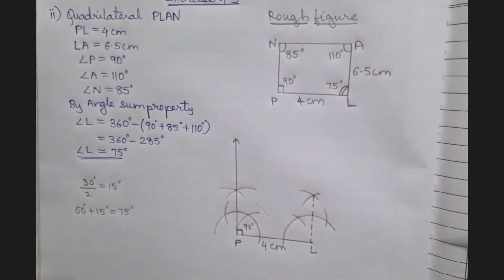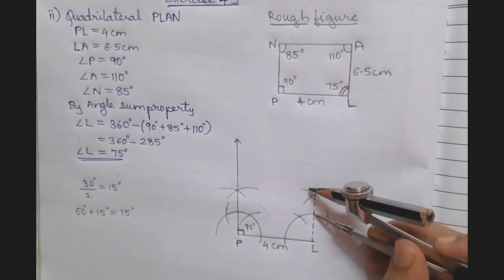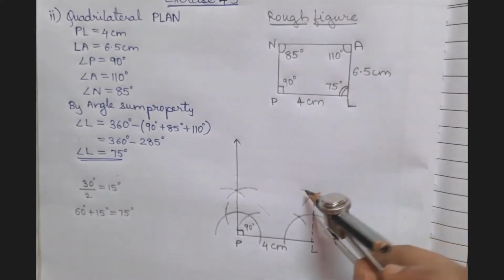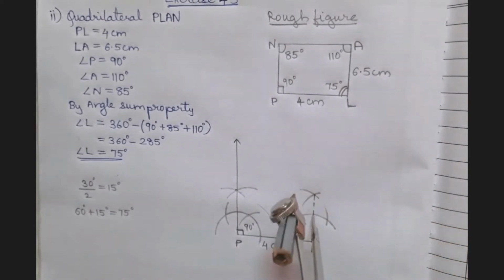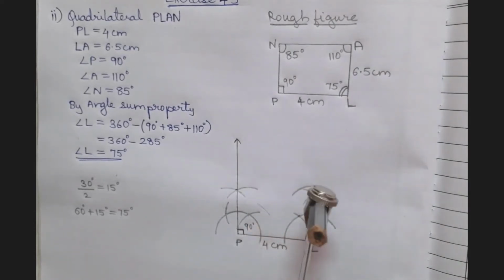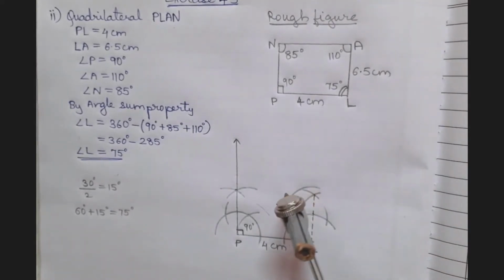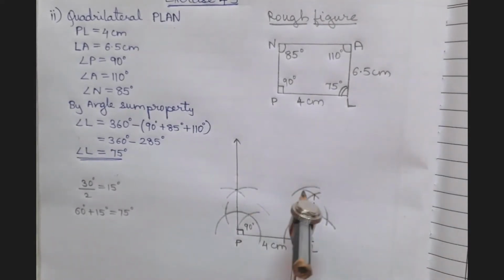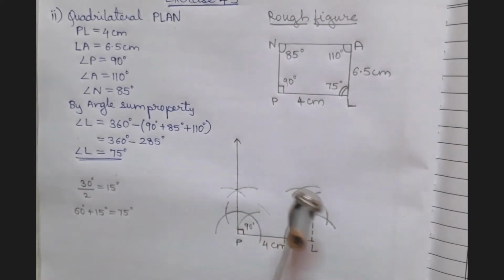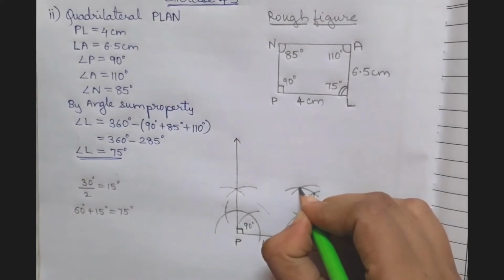So we will now bisect this arc. So keep your compass pointer on this 90 degree, where the 90 degree is cutting the arc, and draw an arc above. Keeping the same measurement, now keep your compass pointer on this arc and draw another arc above. So we got this point of intersection.